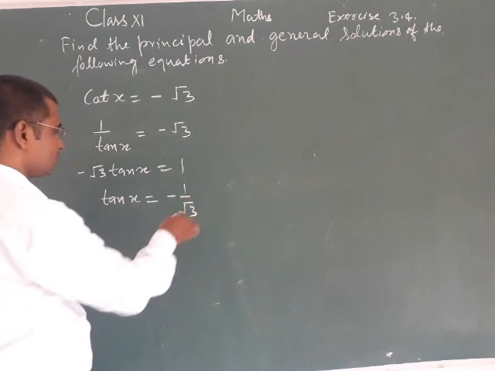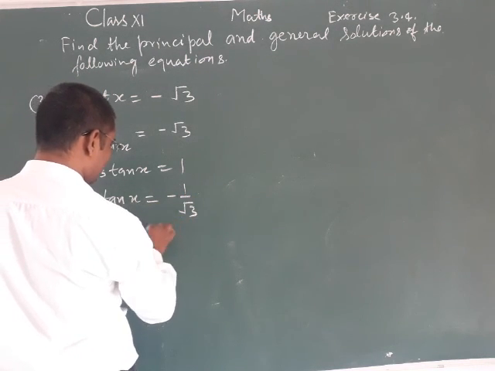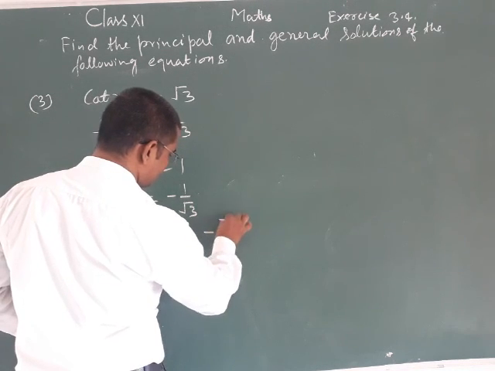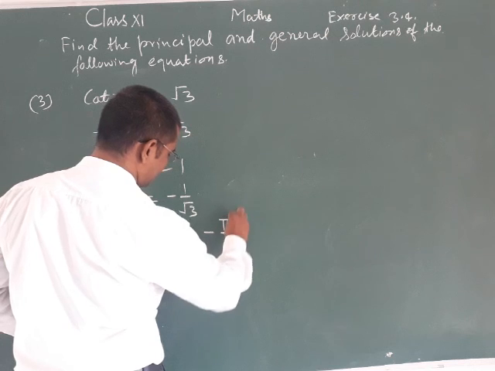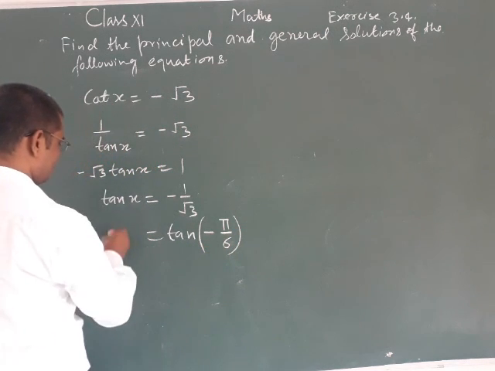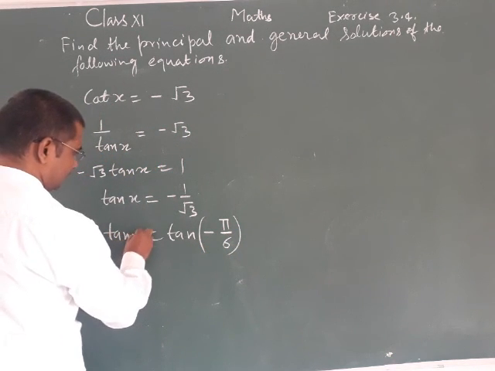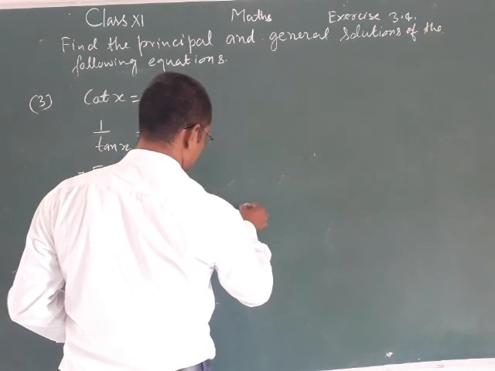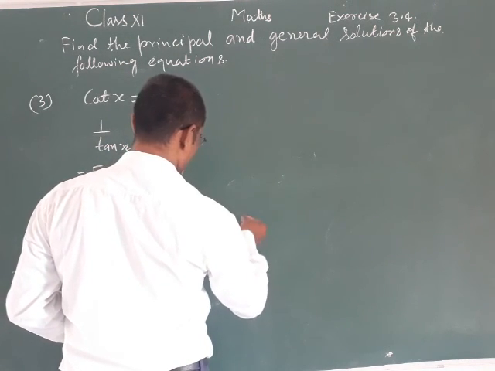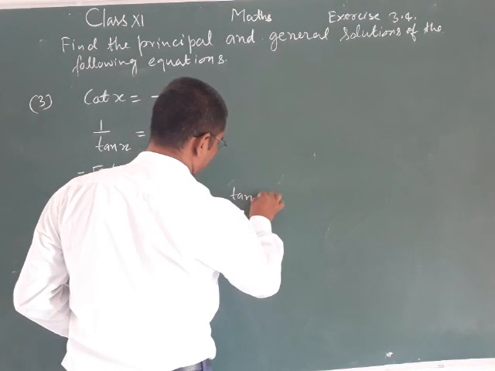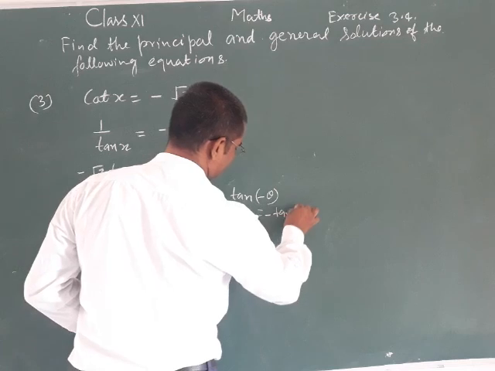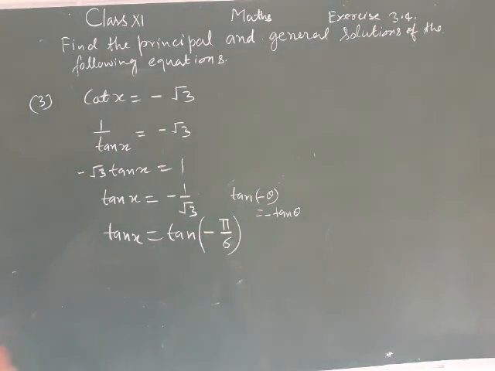So now change also tan x to minus pi by 6. Since tan of minus theta is equal to minus tan theta, we use this formula.